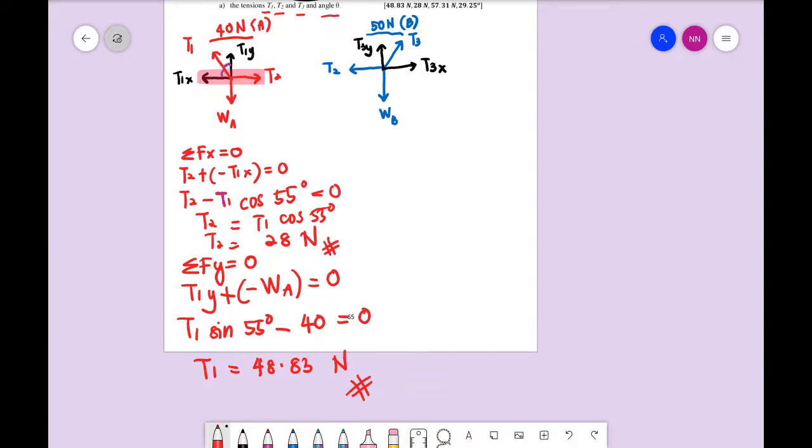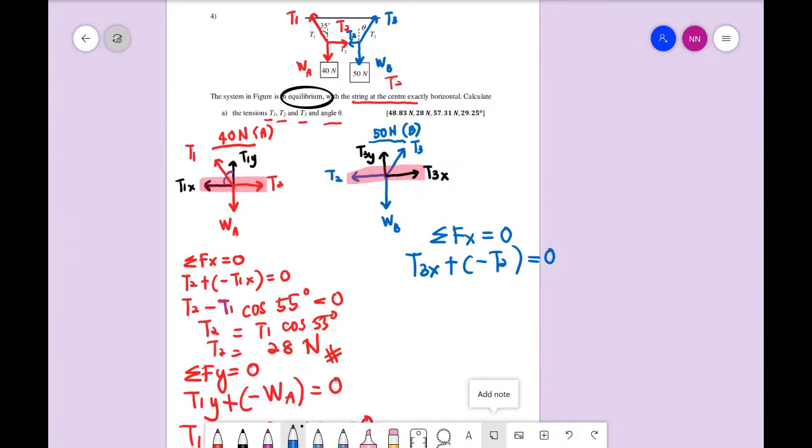And then how about object B, the 50 Newton object? The concept is also net force X equals to 0. So look at this area. You have T2 and T3X, so T3X plus negative T2 gives 0.